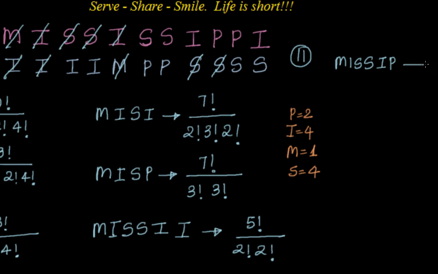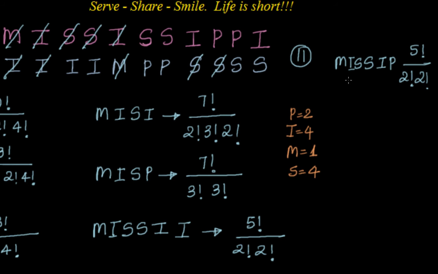So that is equal to, again factorial 5, because 6 slots are already fixed, 5 to be fixed out of 11. Factorial 5 is divided by how many repetitions? Total S's are 4, 2 S's are over, so factorial 2. 2 I's are over, so again 2 I's are left out. So that's nothing but factorial 5 by factorial 2 into factorial 2.